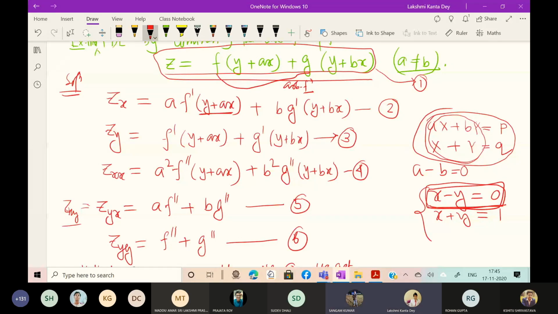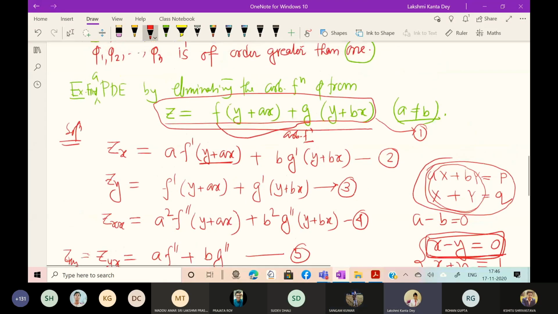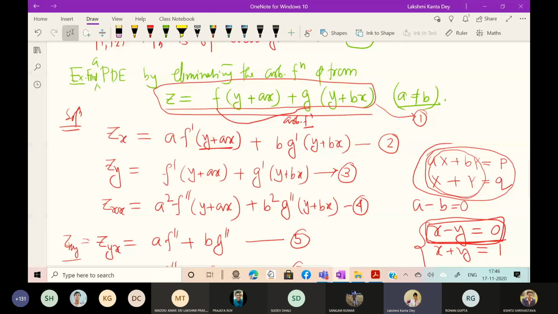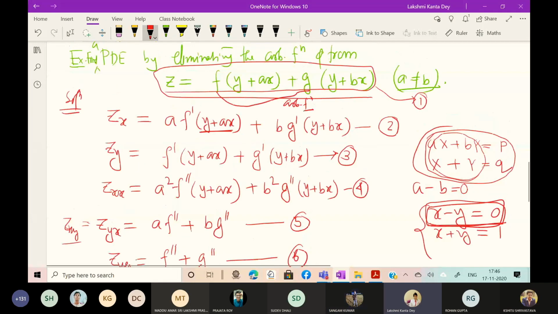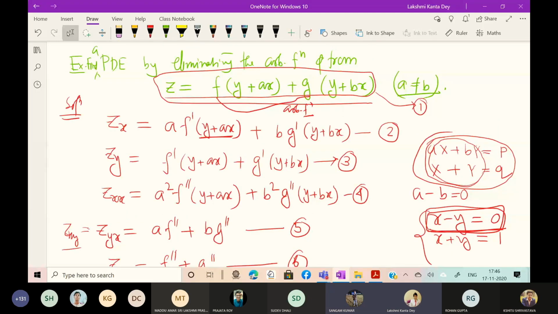It will be an identity because we are putting the value of f from where you got it. Suppose this is a system of linear equations and it is solvable. If you find x and y from here and put those values here, you will get an identity. So definitely your purposes are not fulfilled.